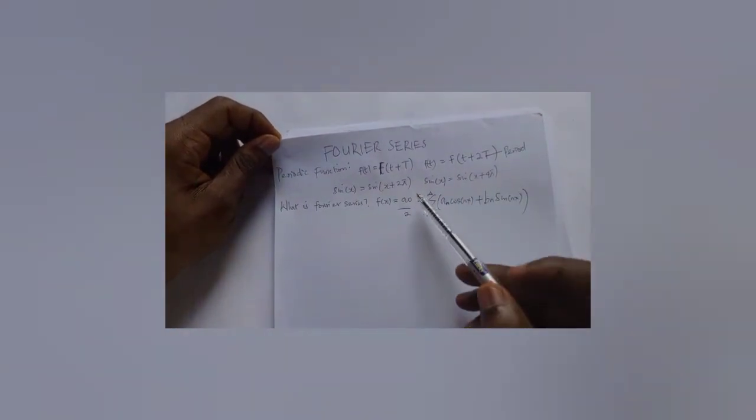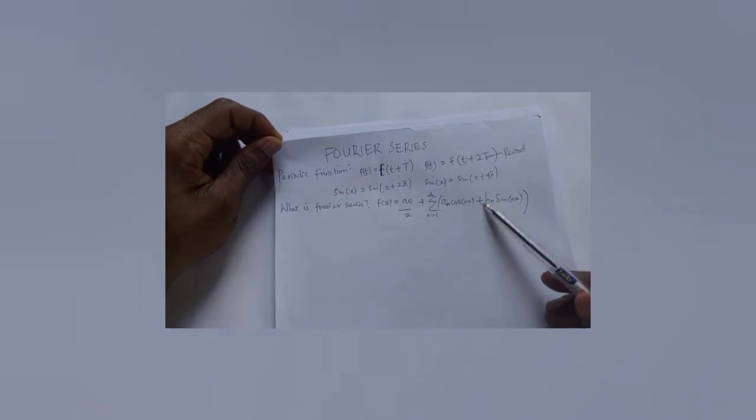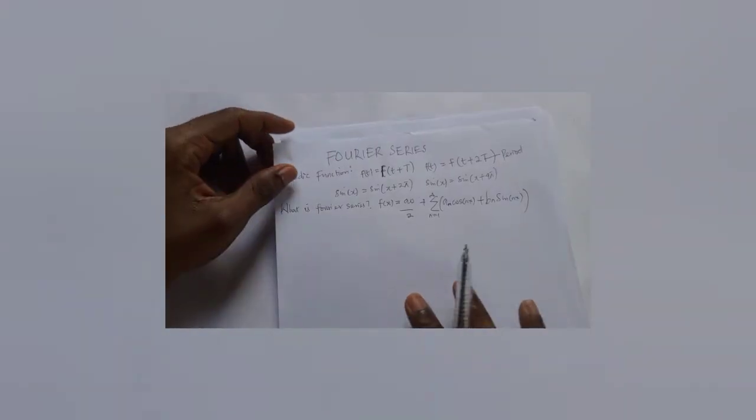If you have a function like this, it means that we are dealing with a Fourier series. These a naught, an, and bn are constants of this function, and they have formulas. These formulas were given to us by Euler.